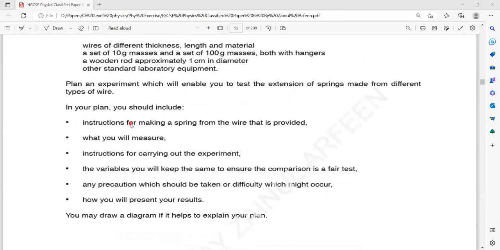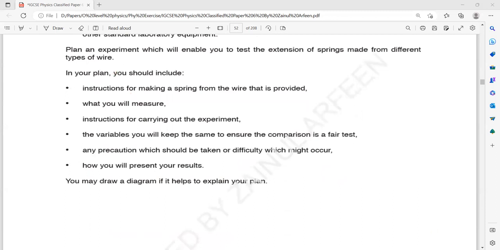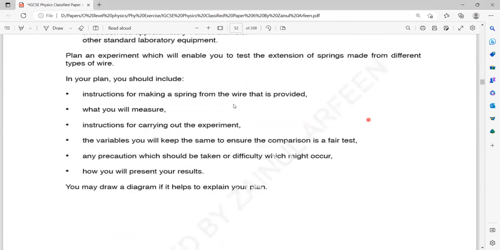This is the main experiment. You have to plan an experiment which enables us to test the extension of a spring made from different material. In your plan, include instructions to make a spring from the wire. So for example, we have a wire. We want to make a spring.